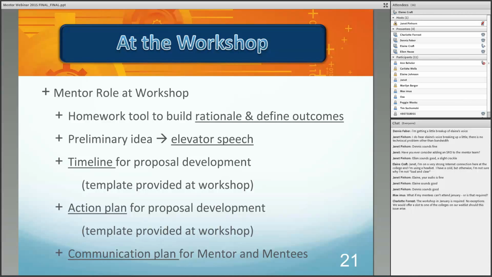I want to talk a little bit more in depth about the mentor role. At the January workshop, the first session with your mentees should focus on the pre-workshop homework assignment. Mentors should methodically go through the homework assignment again with each team, even if you talked about it on the phone with them prior to going.